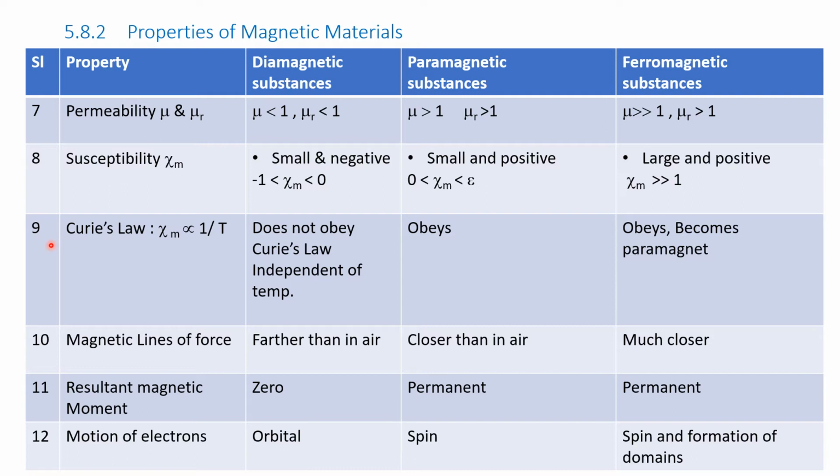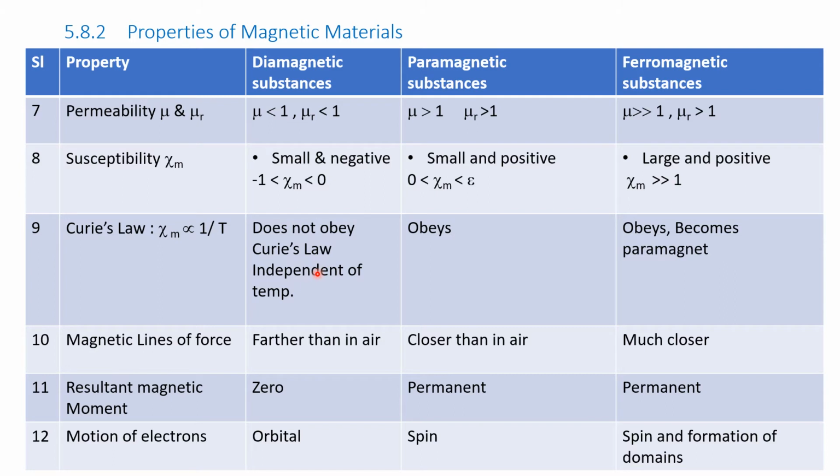Point number 9. This property is related to Curie's law, and it is very important so far as magnetic materials are concerned. Curie's law, that is, Xm is proportional to 1 over T. Here we have to see whether the magnetic materials obey Curie's law or not. The diamagnetic substance does not obey Curie's law.